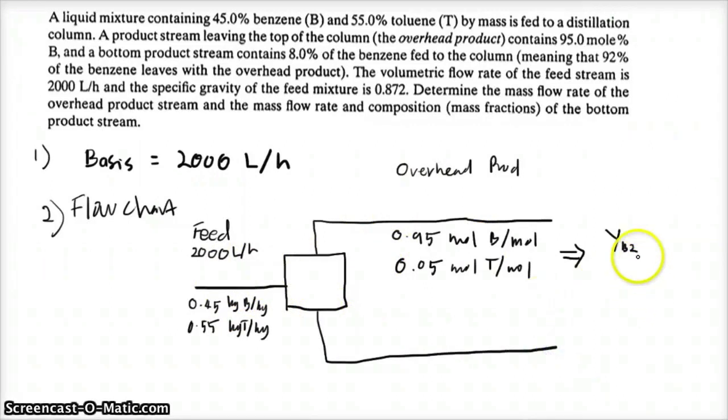So that's YB2, and we can write it as kg of B per kg of overhead product. Since there are only two products here, the total mass fraction is 1. So 1 minus YB2, and the value is for kilogram of toluene per kilogram of overhead product.